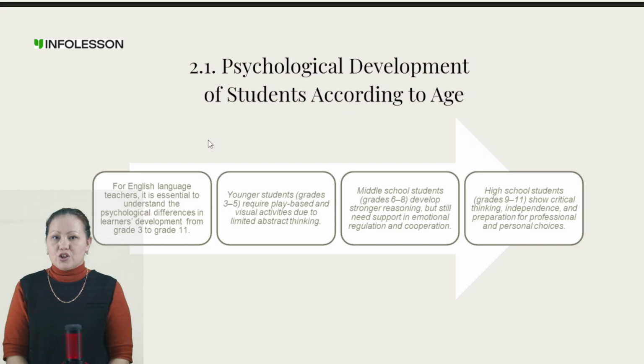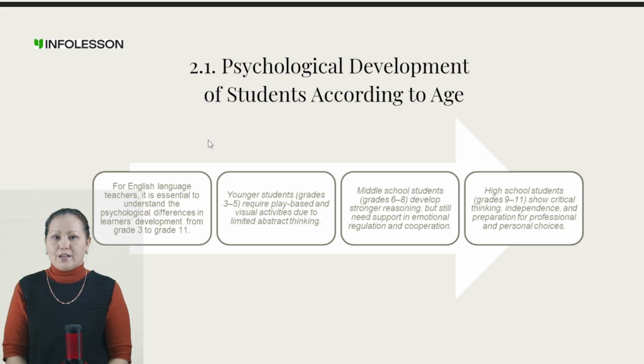In English language teaching, such knowledge is crucial because students' success largely depends on their emotional state, self-esteem, and motivation. Teachers should therefore not only be methodologists but also psychologists capable of creating a supportive and emotionally safe learning environment.